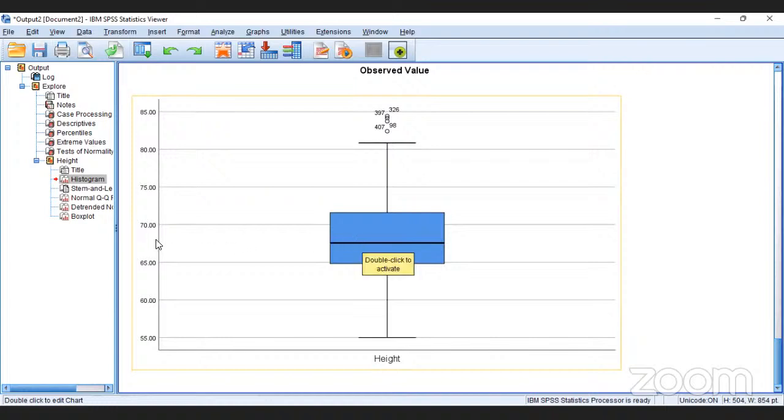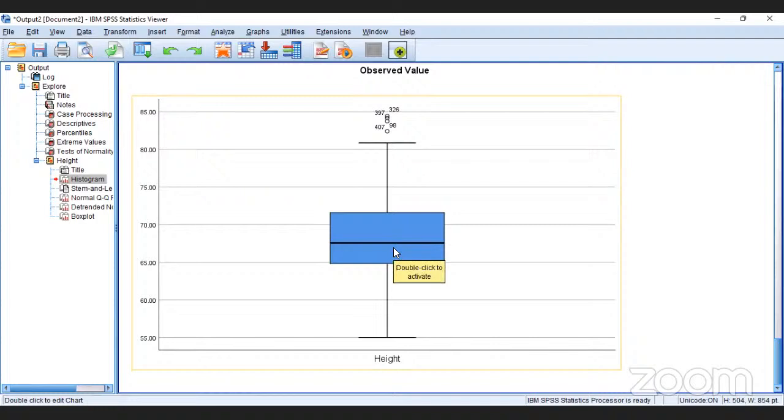If we stretch this line to somewhere here, we'll see that it might be around 67 or so, which is the value of the median, right? For a perfectly normally distributed data set, the median will be at the center, which will correspond to the mean.